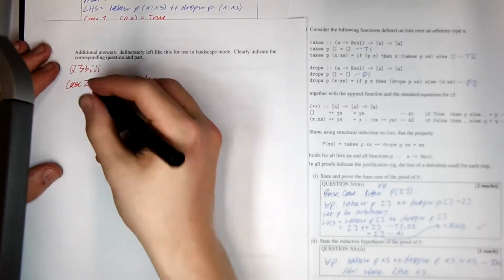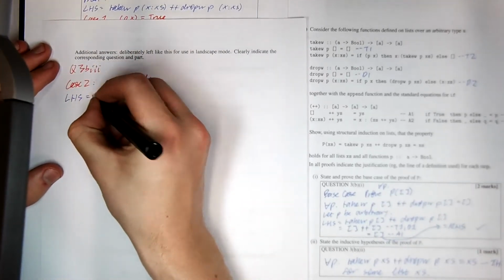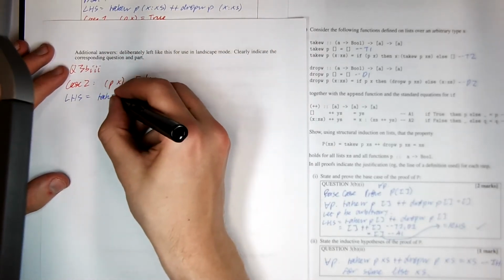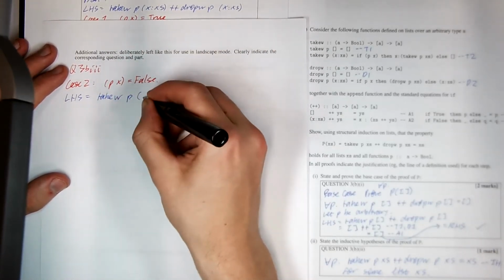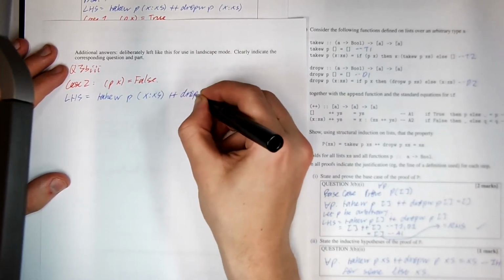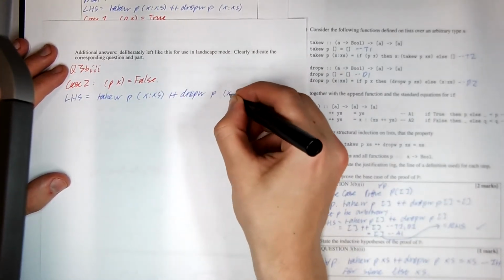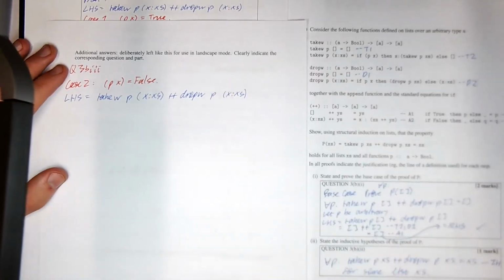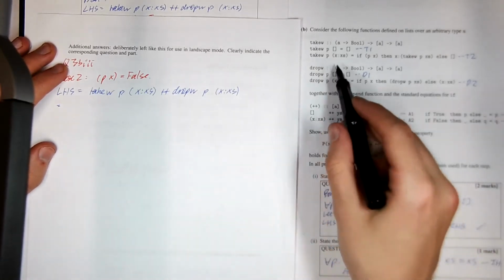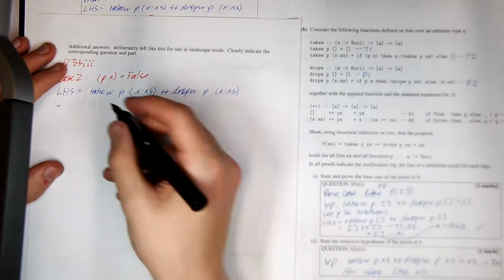Alright, so left hand side is equal to take W P x cons xs, concat drop W P x cons xs. By definition, I'm just going to do both rules at once here. This term evaluates to if blah then blah else blah.